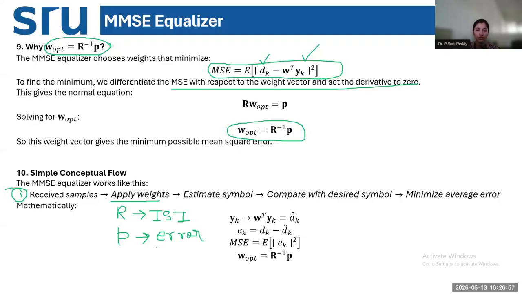So this will correspond to both the effect of ISI plus the noise that is there. So I will have both effects here. The MMSE equalizer will find these two factors and will calculate the optimized weight value or multiplication factor.